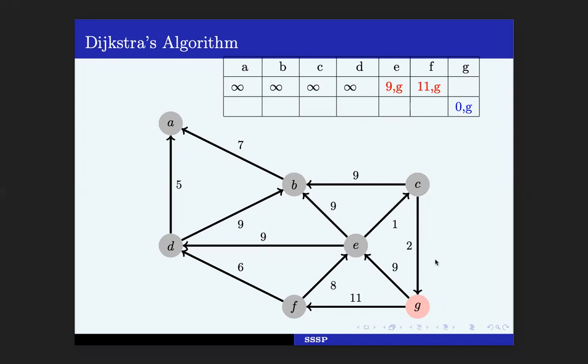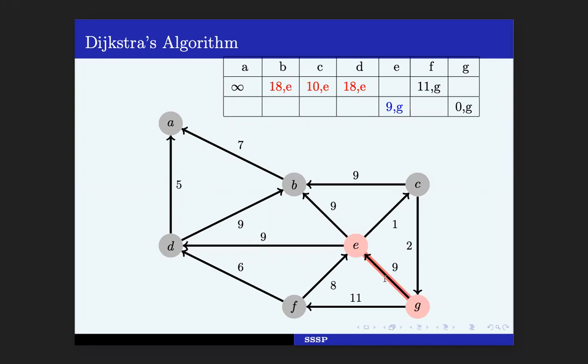Yes, exactly. So that means right now, out of these two, E is something I certainly know the shortest distance to. So I increase the blue boundary to E. As soon as I make E part of my blue boundary, there are some other vertices that I can reach very easily.